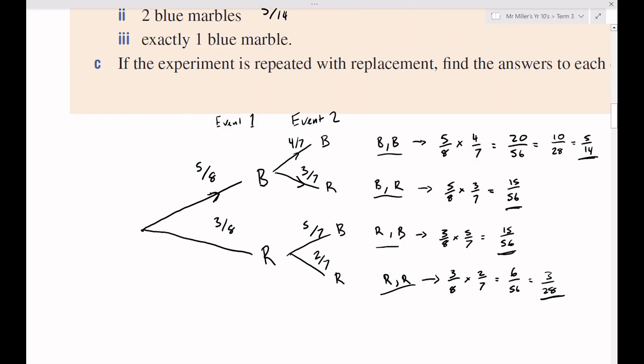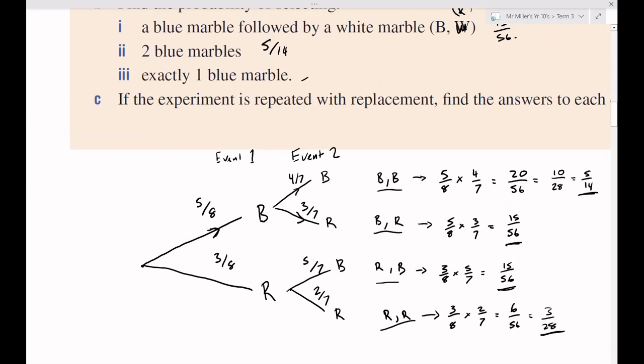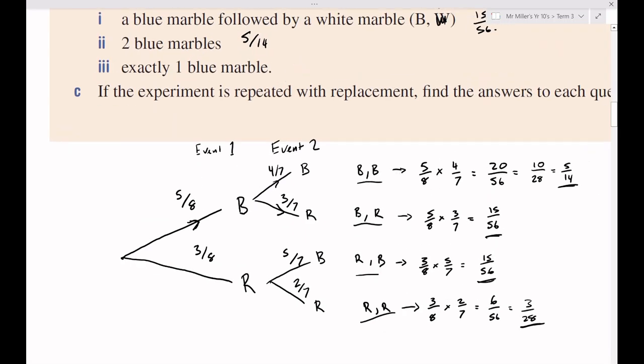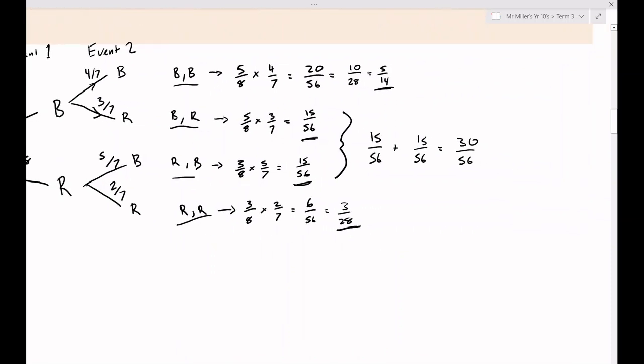Exactly 1 blue marble. Well, there's 2 outcomes where we get exactly 1 blue marble. This one and this one. We could achieve either of these 2 outcomes to get exactly 1 blue marble, right? So the probability that we get exactly 1 blue marble is going to be these 2 probabilities summed together to give us 30 on 56. And of course we can simplify that.